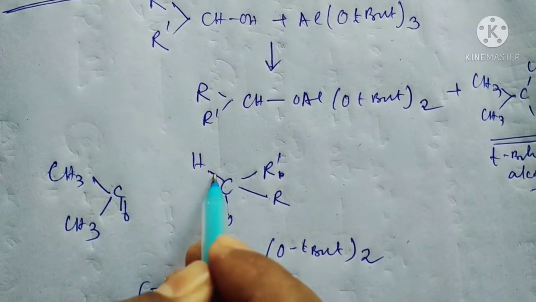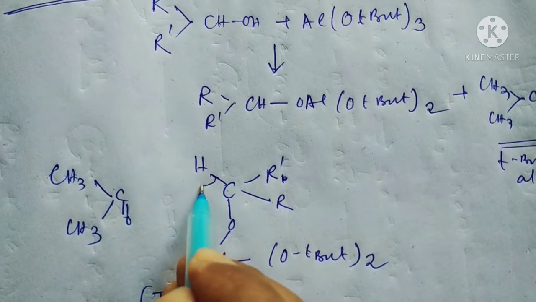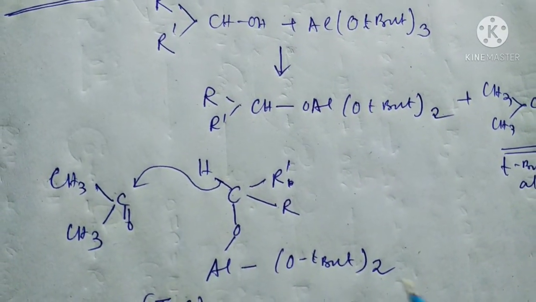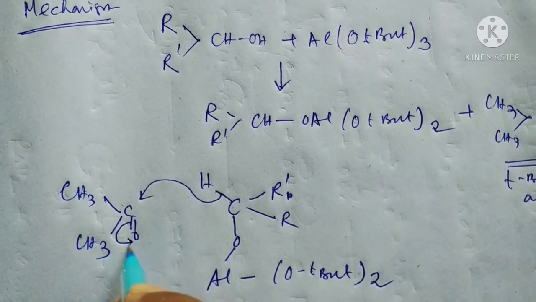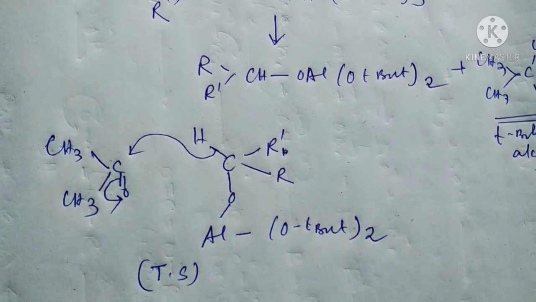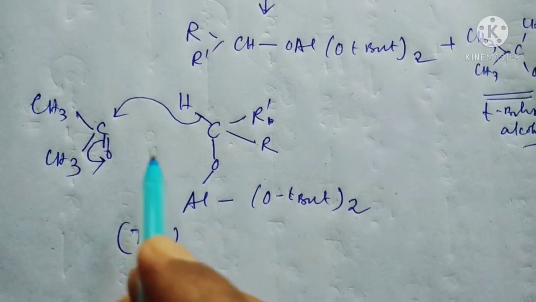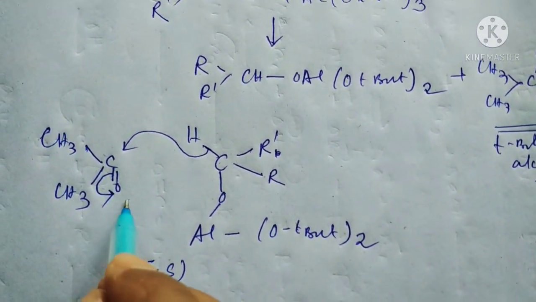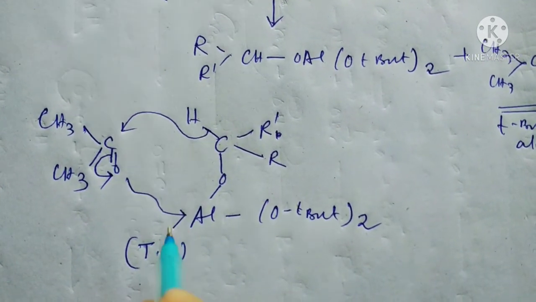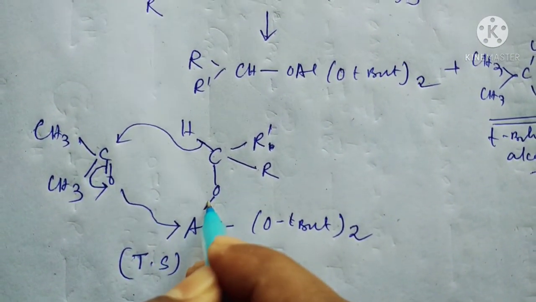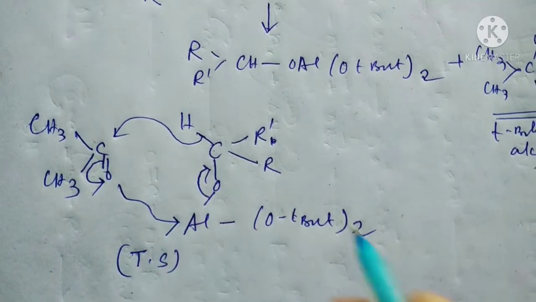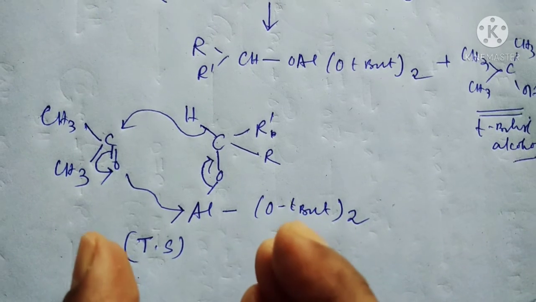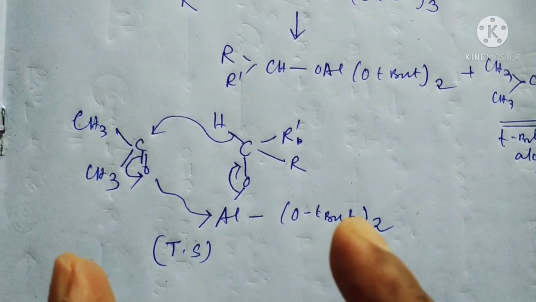Here in this case, this is the main step: this bond attacks the carbon, and this forms the negative ion. Here you can see this bond attacks the carbon and this negative ion then attacks the aluminum, and then this bond breaks to form the double bond. This is the actual mechanism that occurs in this Oppenauer oxidation.